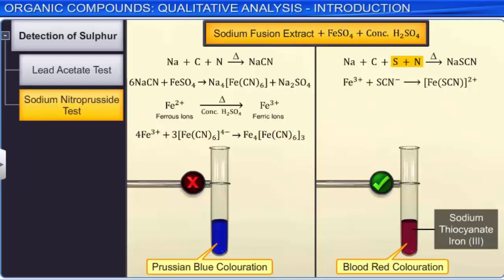To detect the presence of phosphorus, sodium extract is heated with oxidizing agent sodium peroxide.